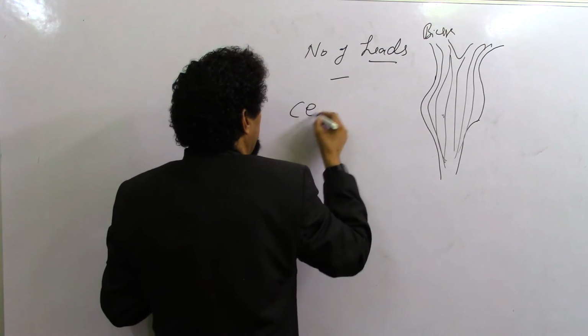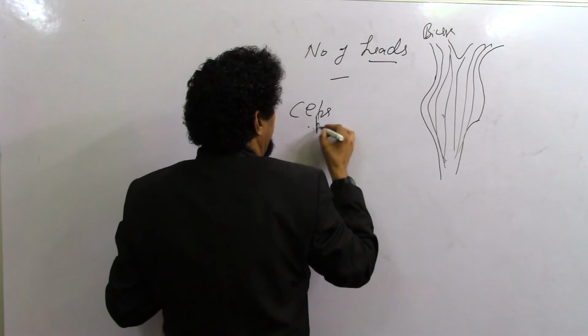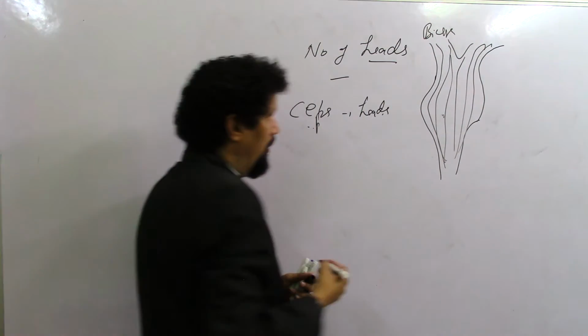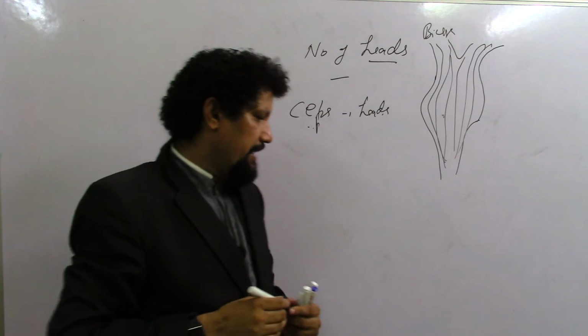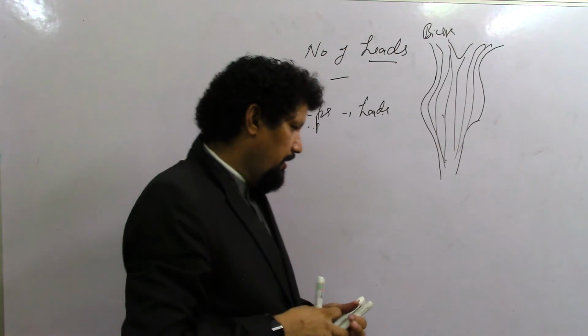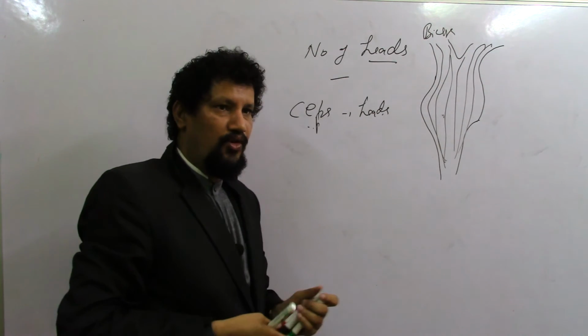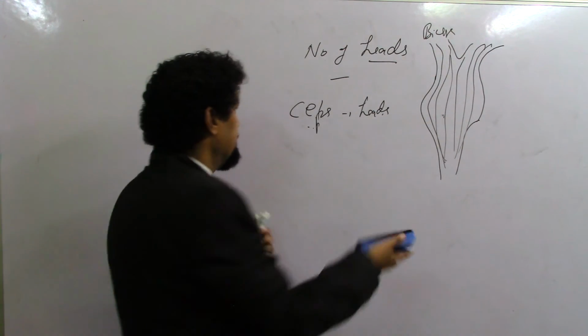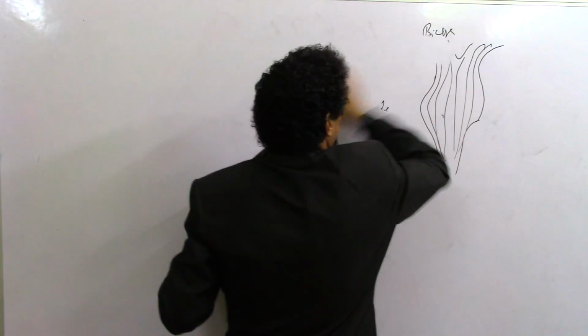Ceps means head. When it has 3 heads, it is known as triceps. When it has 4 heads, it is known as quadriceps. So the name of the muscle is according to their heads.